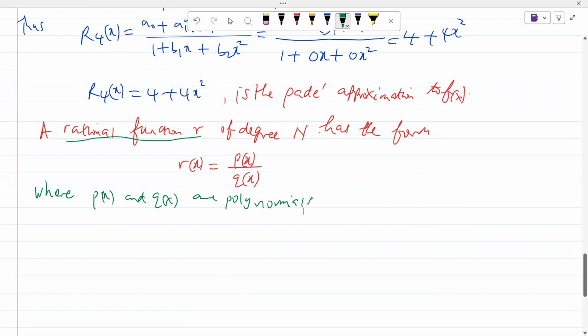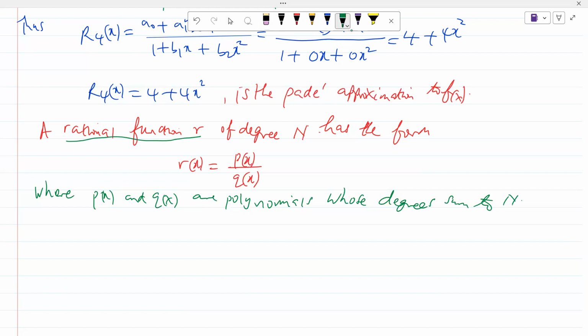Polynomials whose degrees sum to n. So it is a rational function of degree n.